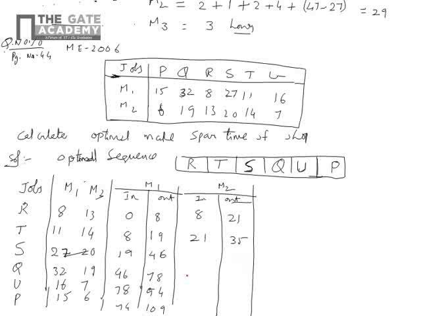Then 46 to 66. Next you need to wait again until 78. 78 to 97. 97 to 104. 109 to 125 is the last. So the makespan time is 125.